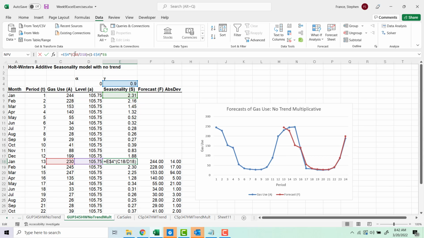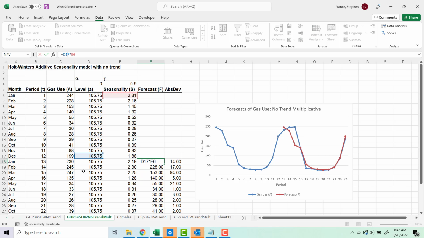And for the seasonality, again, for my current seasonality, I take my gas usage and divide by the seasonality. So it really is just wherever we subtract, we now divide, and wherever we add, we now multiply. So for our final estimate, we multiply by the seasonality. So exactly the same model, but just think subtract, divide, add, multiply.